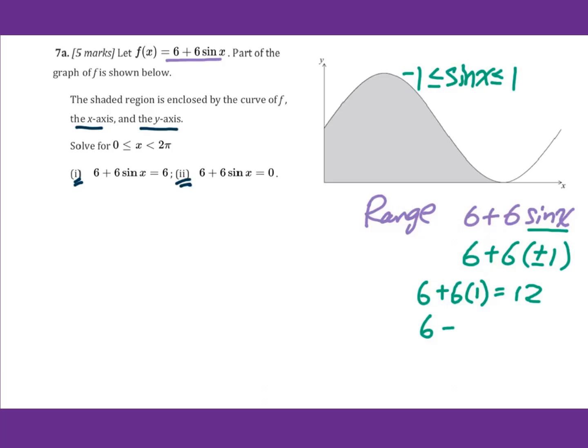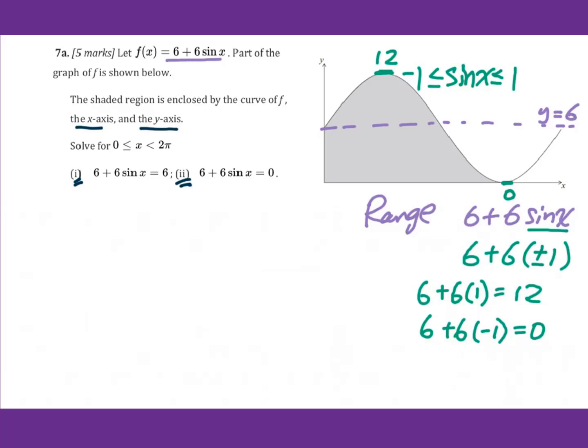For 6 plus 6 times the negative 1, you will get 0. Which means this will be 12, and this will be 0. The midline will be 6. This will be y equals 6.